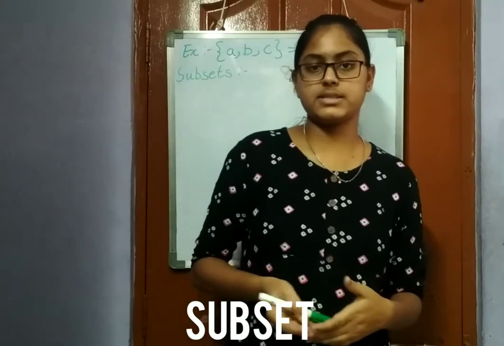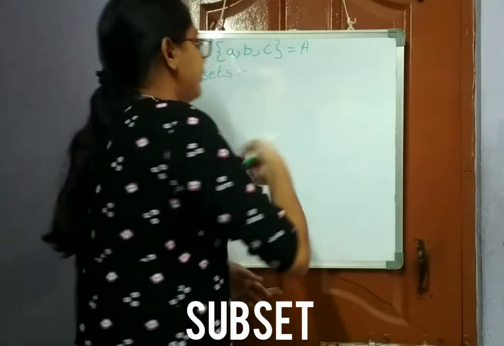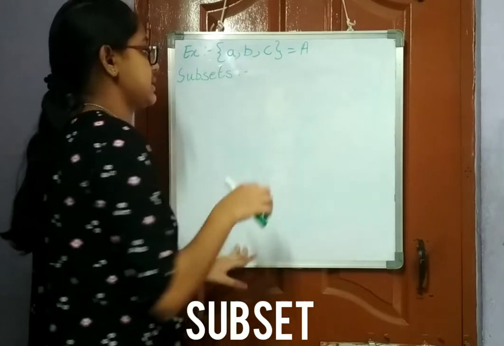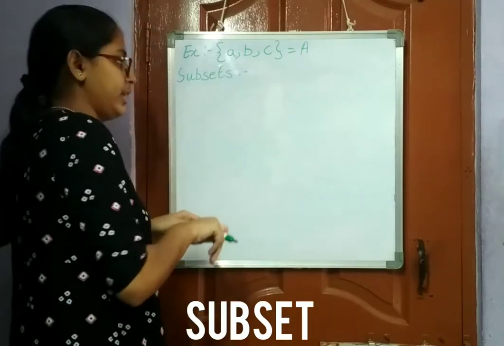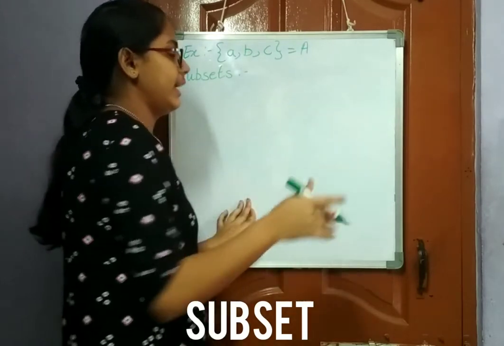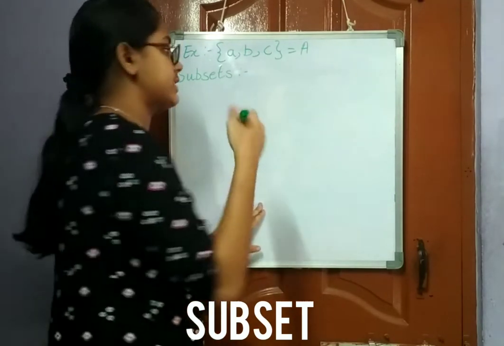Let's see another example of subsets. Here I have taken an example of set A, that is set of A, B and C. Let's write the subsets of set A. First of all, every set is a subset of itself.